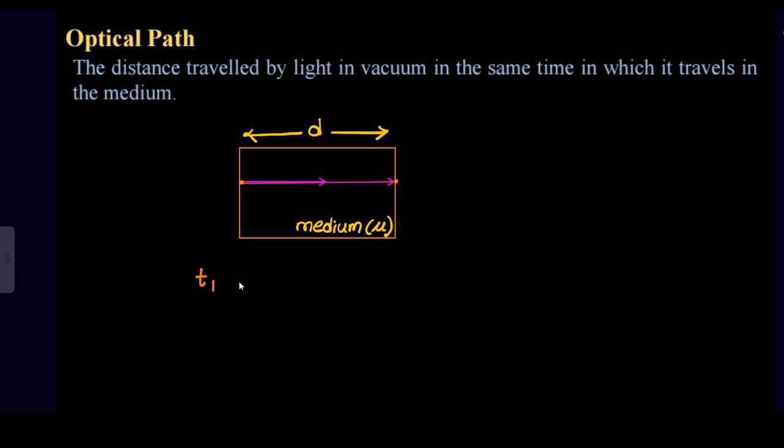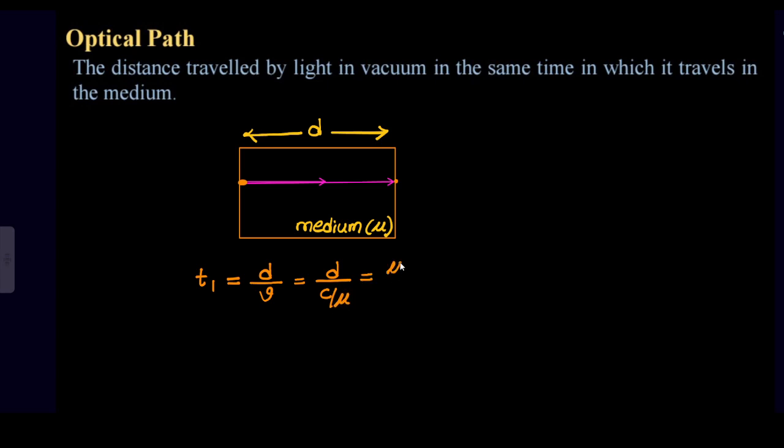If I call this T1, tell me now how much is T1? T1 will be equal to distance by speed. And what is the speed? The speed in any medium is given by C by mu.